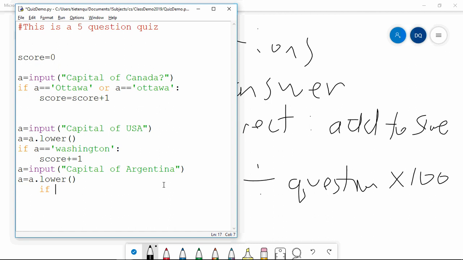And if their answer is Buenos Aires, that was silly of me. I got to make that lowercase because I just converted the answers to lowercase. There we go. So if their answer is equal to buenos aires, then score plus equals 1. So I add 1 to the score.